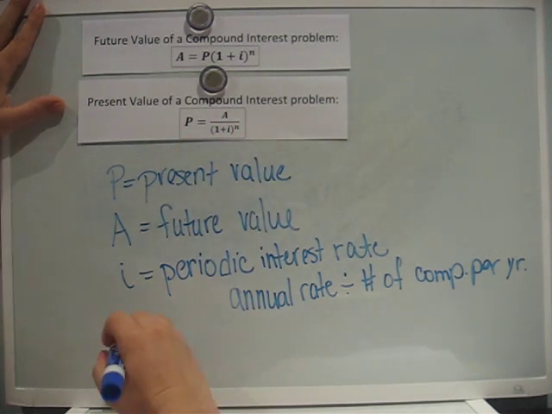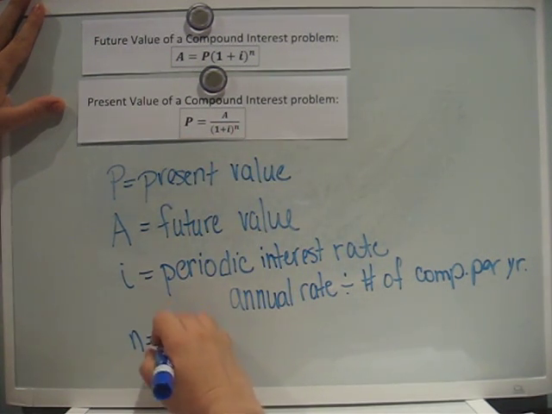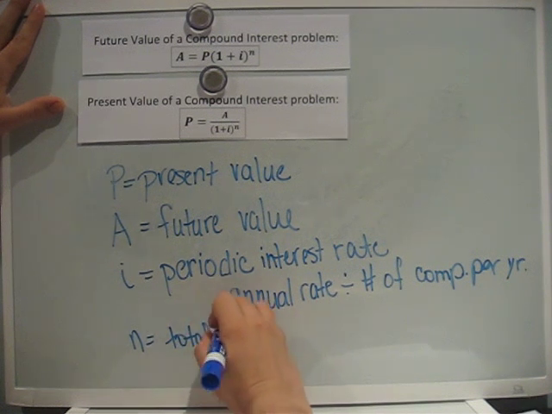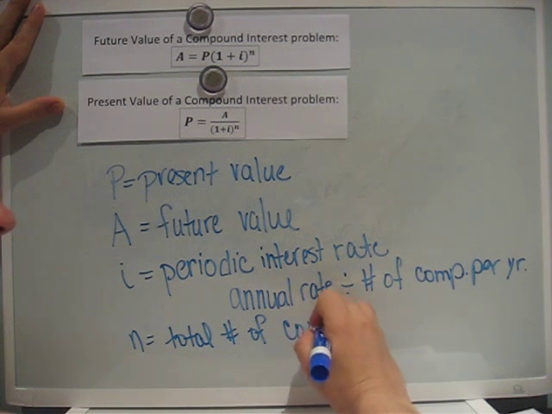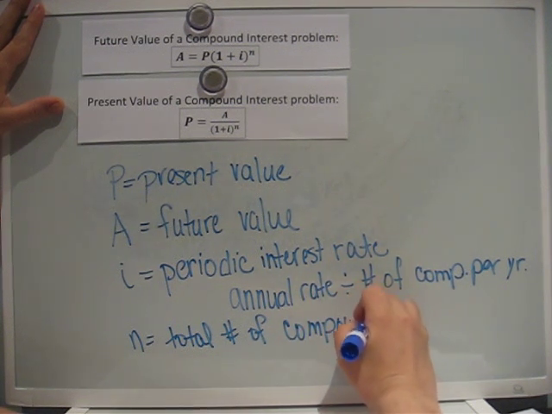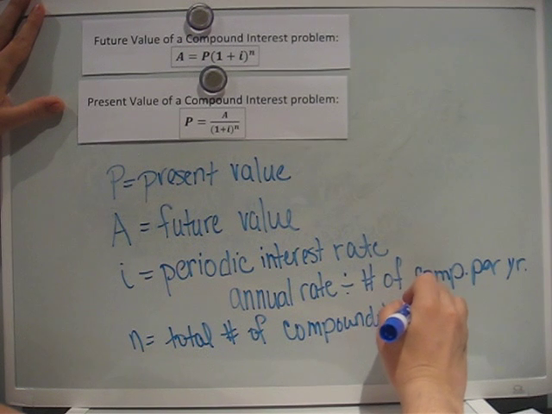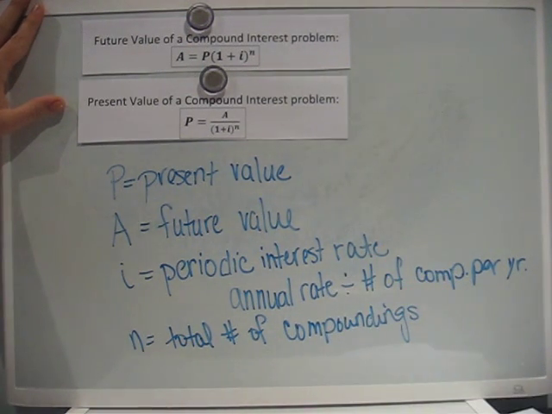The n is the total number of compoundings. It's not the number of compoundings per year, it's the total number of compoundings for the entire duration of the loan or the investment. So if the loan or the investment is for 5 years, then you would take those 5 years and multiply it by how many compoundings per year your interest is added.